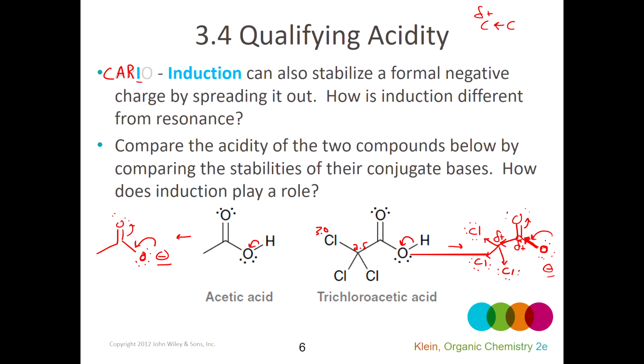So even though it has all these lone pairs all to itself, it doesn't really have as much of the shared electron density around it. That gets pulled away. So it's not really as negative as it would otherwise be. So that also alleviates some of the negative charge, or in other words, spreads it out over these carbons and a little bit onto the chlorines.